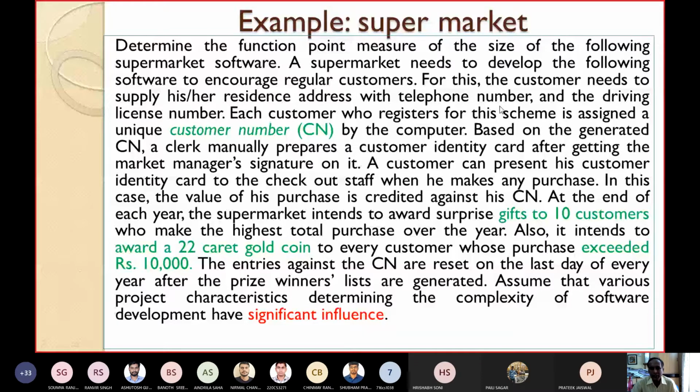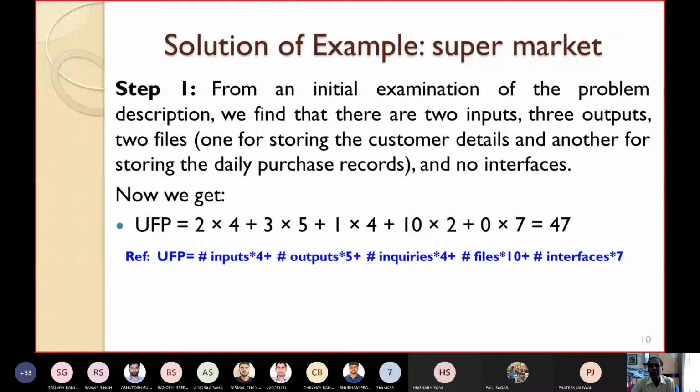For this example, I have taken address and telephone number as 1 field, and the driving license number another field. That's why I have taken 2. In the examination, I will make sure the values are exactly given to avoid any confusion. But please try to understand, and whenever it is given in numbers, do accordingly.